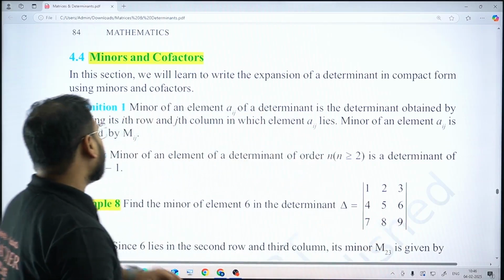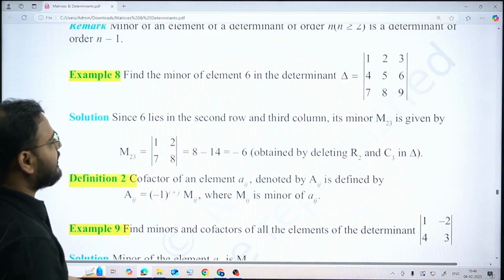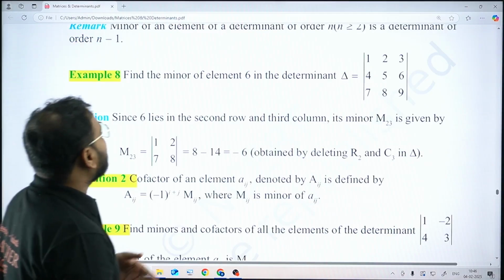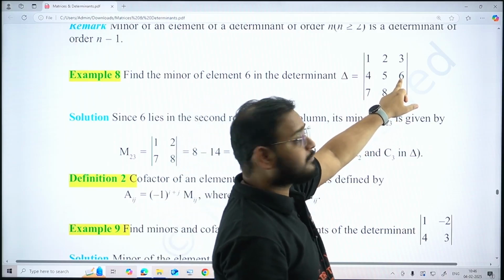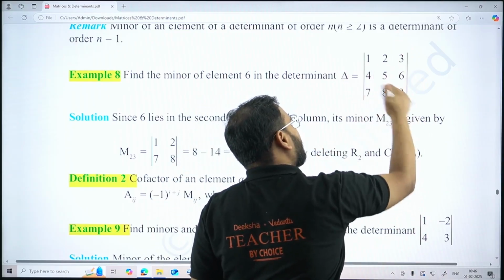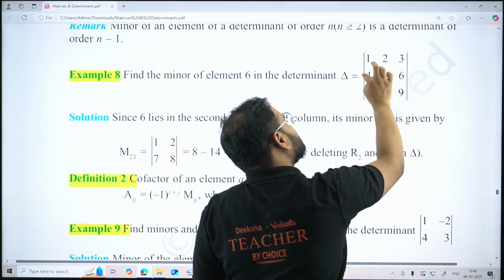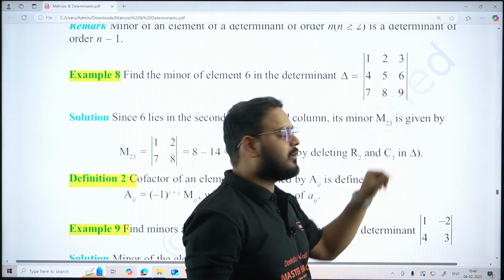So your M11 will be 5 6, 8 9. They are asking here for the minor of element 6, sir. Where is element 6? Check here, this is element 6. How do you find that? Cancel the third column and the second row. What is the position of this? Second row, third column. M23.